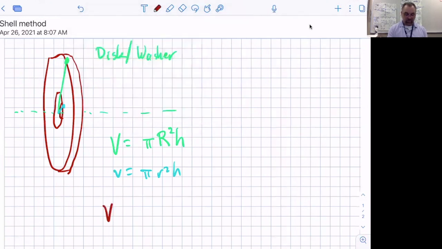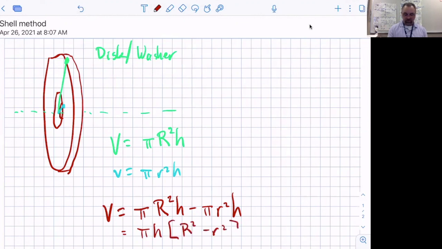So the volume here is pi big R squared h minus pi little r squared h. And since there's pi and h in both of them, we factored that out. And then we just got big R squared minus little r squared.